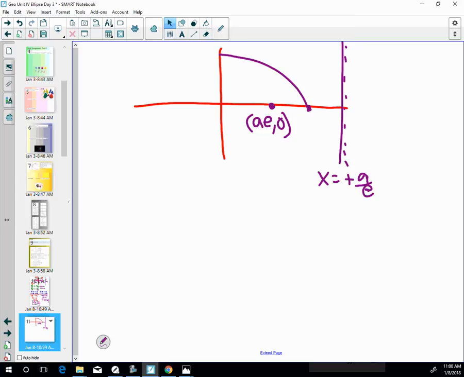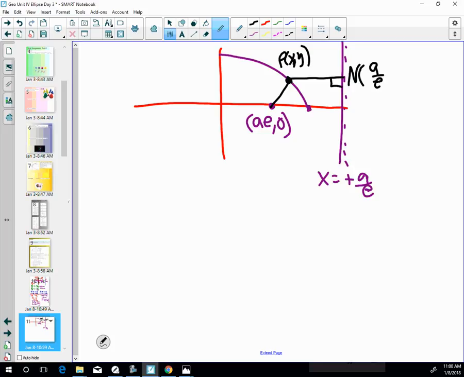Now I'm going to be fancy here. I'm going to go to a point on the ellipse P(X,Y), and I'm going to go straight across here to N, which is going to be A over E, comma Y. Here are 3 points.